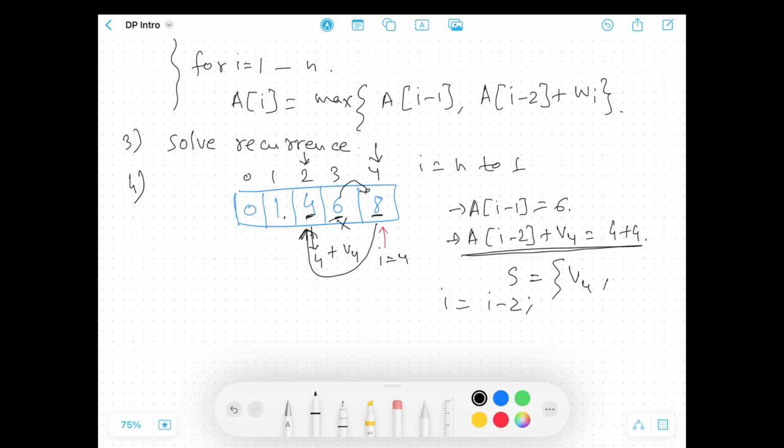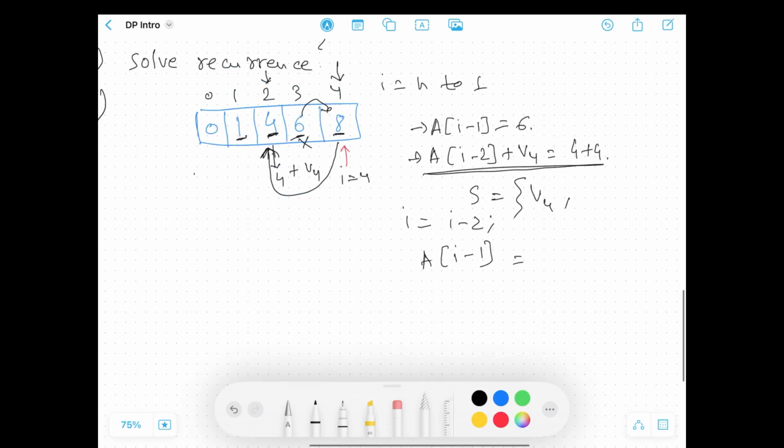So either this 4 came from the previous vertex, I minus 1, I is equal to 2, which is 1, or this 4 came from previous to previous vertex value plus weight of vertex 2.